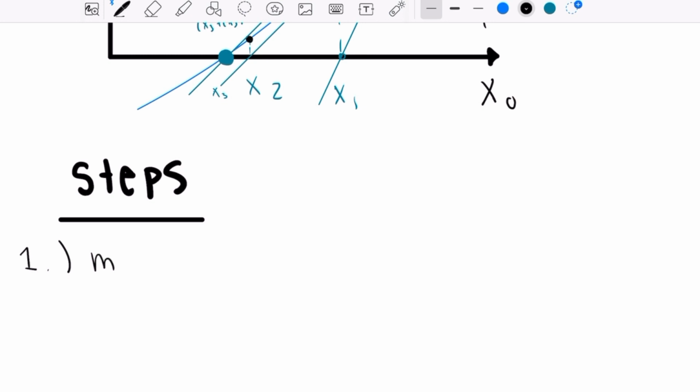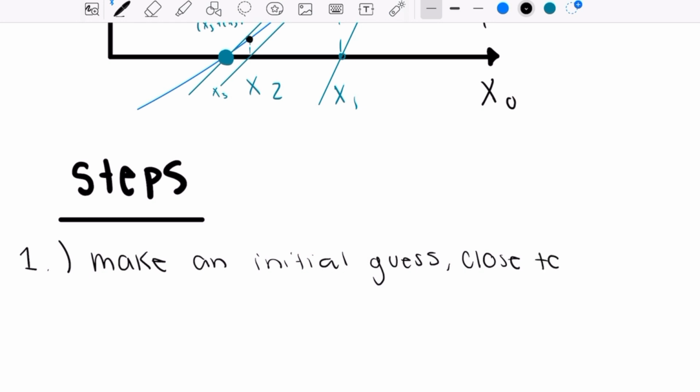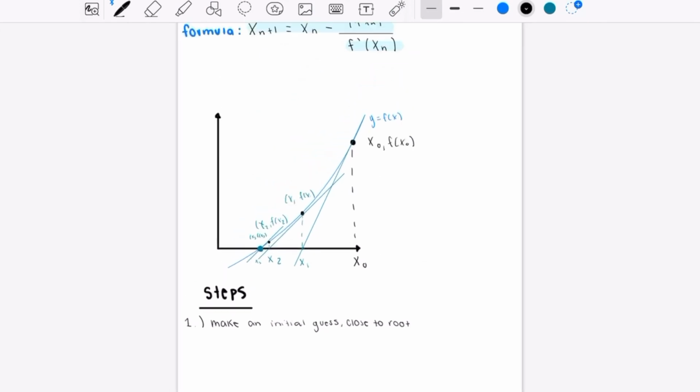So our first step is to make an initial guess, and we're going to try and get as close to the root as possible.